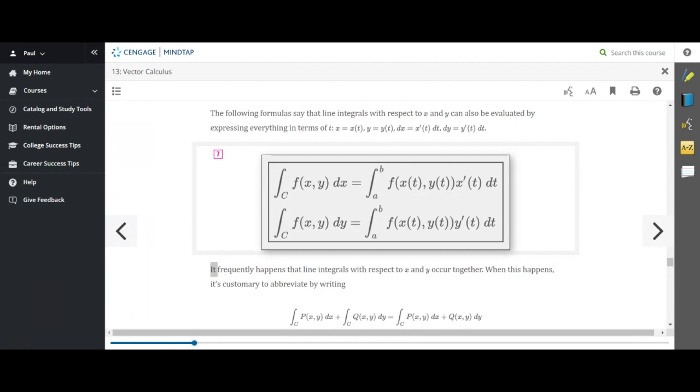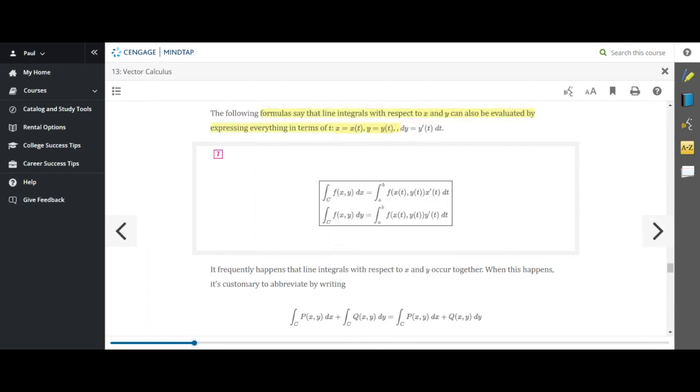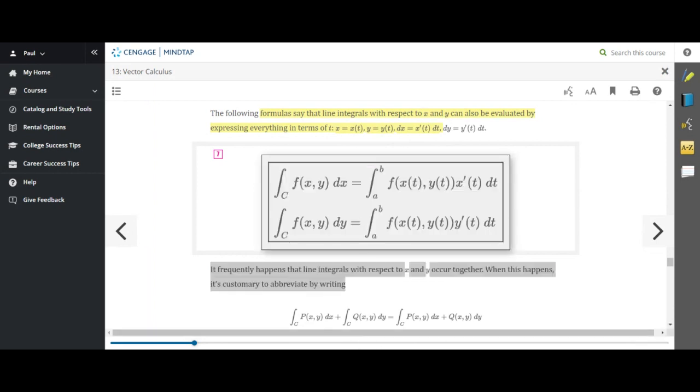But I want to do a problem that deals with line integrals with respect to x and y. So let me bring up a file here.